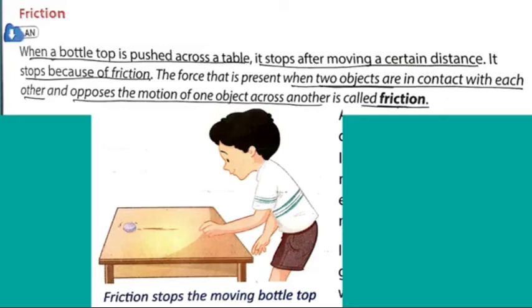So when two objects come in contact with each other, they produce the force of friction, and the friction acts in the opposite direction. It opposes the motion of one object across another. जैसे बॉटल कैप आगे जा रहा है पर at a back side friction help to stop. So friction force always acts in the opposite direction.